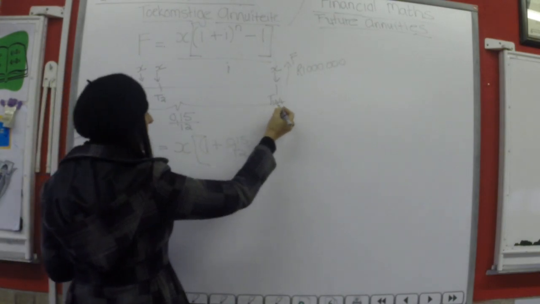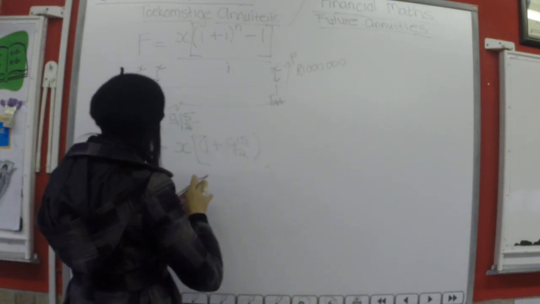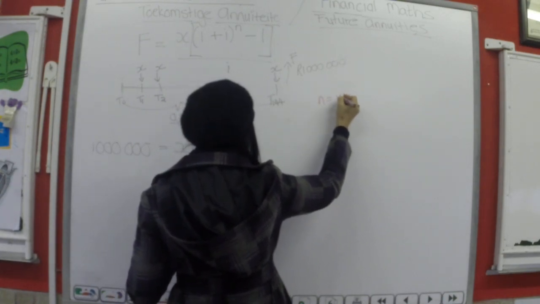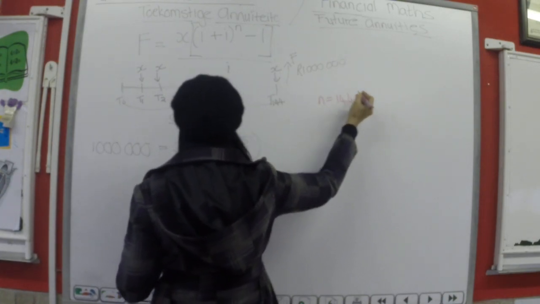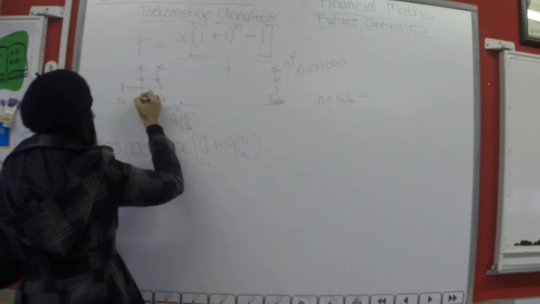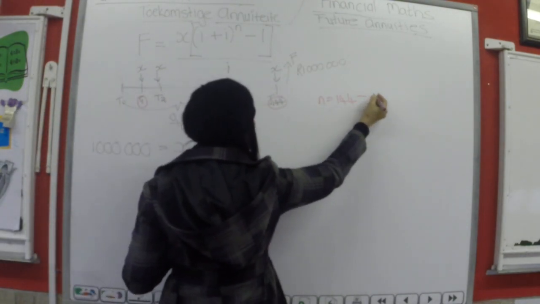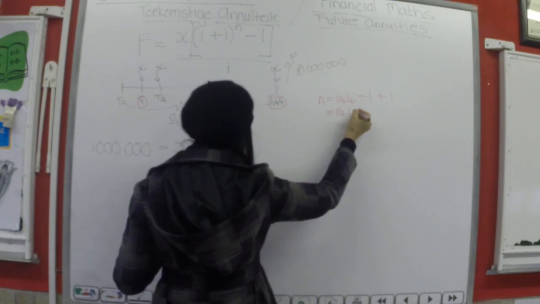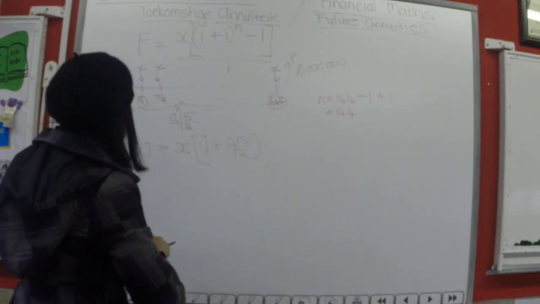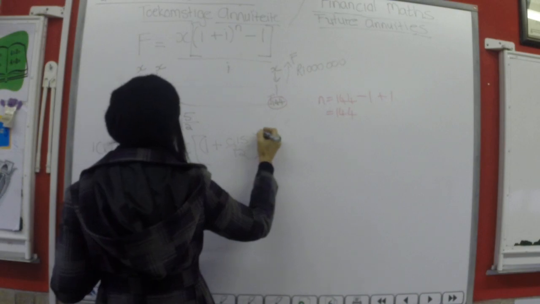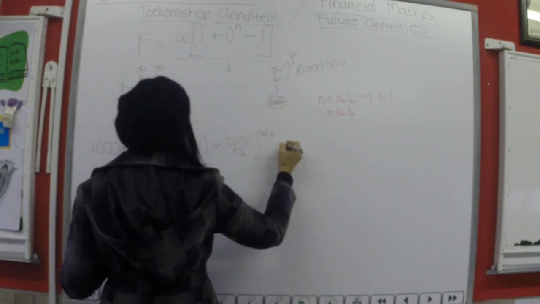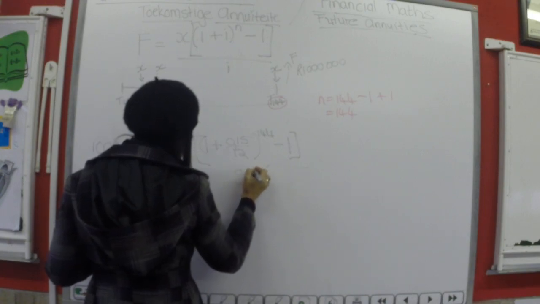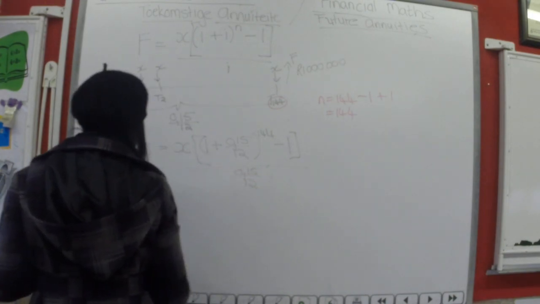We've got N is 144. Ons doen hom. N equals 144 minus, and she paid in at 1 plus 1. That's going to give me 144. Okay. So N equals 144 minus 1, all on 15% compounded monthly.